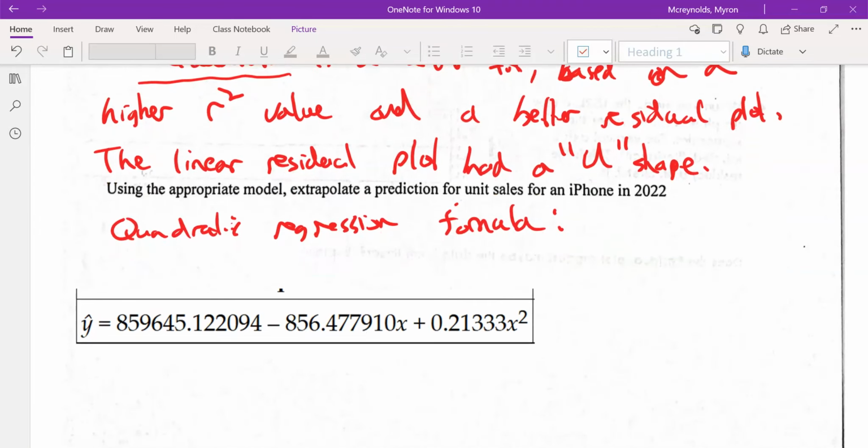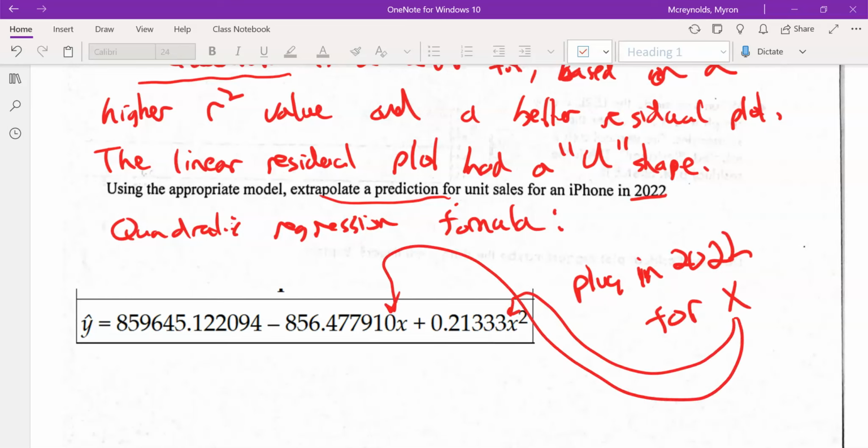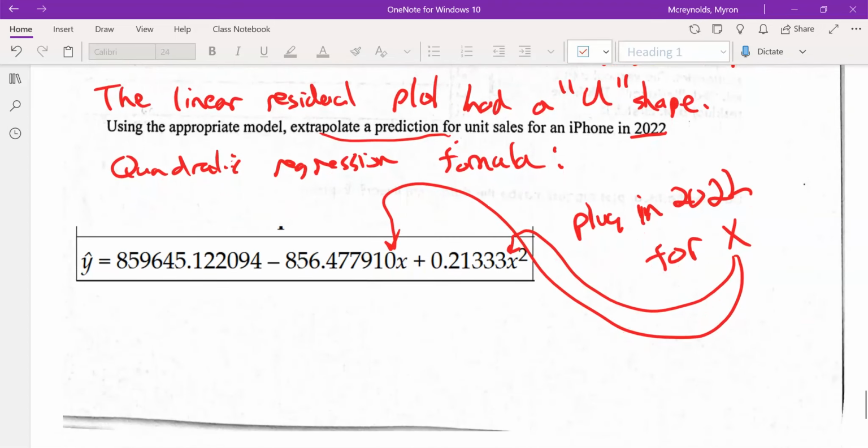And if I wanted to use it to predict, extrapolate a prediction for 2022, I would plug in 2022 for X. And so I plug 2022 in for X in both spots. And you're going to need a calculator for this.